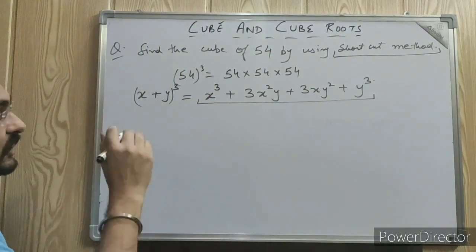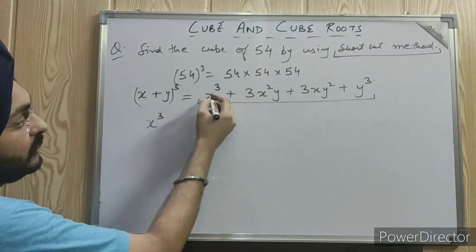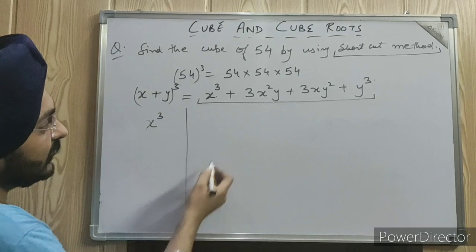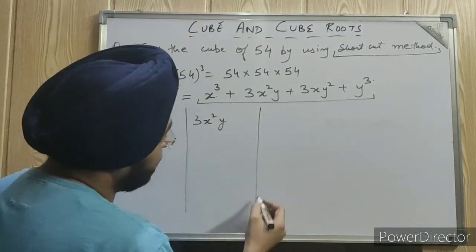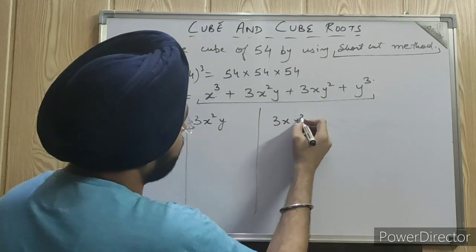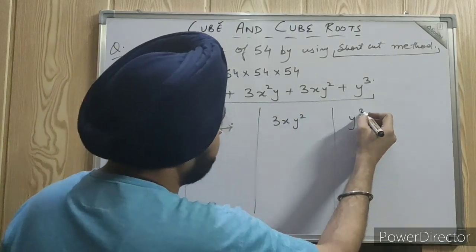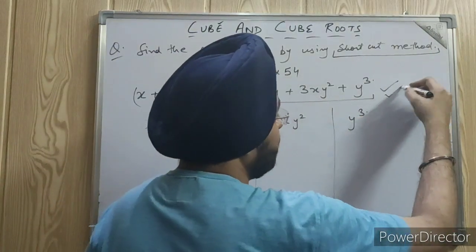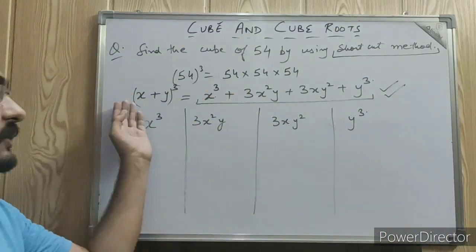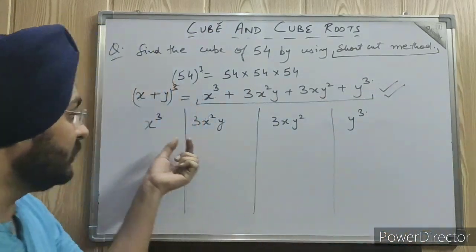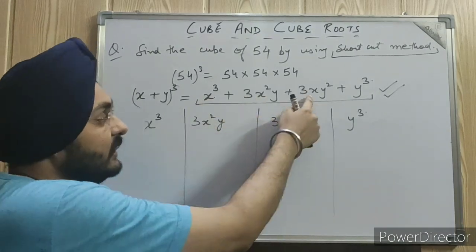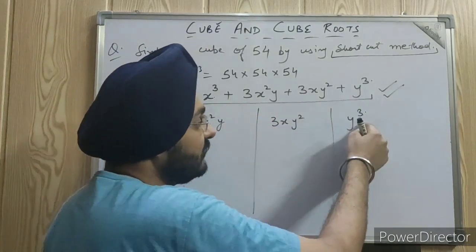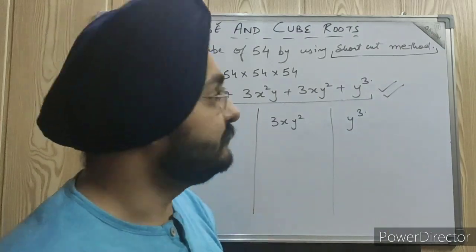Firstly you will write this x cube, then 3x square y, then 3x y square, and then y cube. This identity you have to remember here. Firstly x cube, then 3x square y, then 3x y square, then y cube.